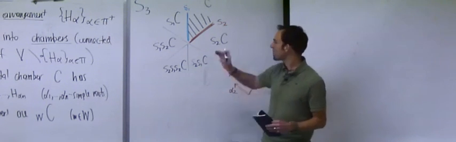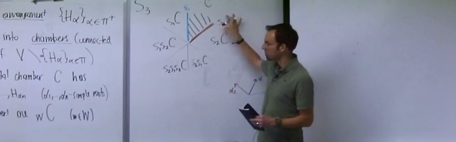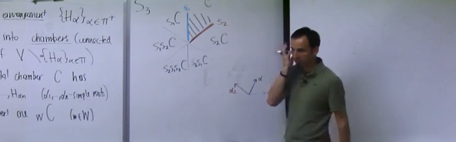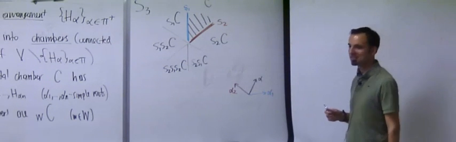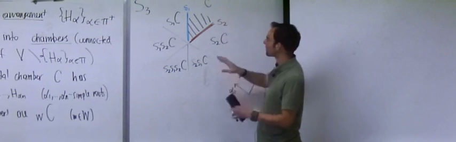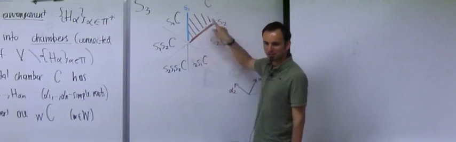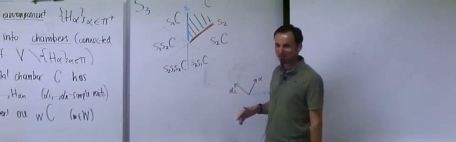The fundamental chamber is C, and it's open. The fundamental domain is D, and that's what I get when I close it and include the borders. I see, yes, I had a D. That might be why you're confused: I had a D, and initially I drew it as if it contained the borders, and then all of a sudden I just erased the letter D and put C, and I said, no, it doesn't contain them.